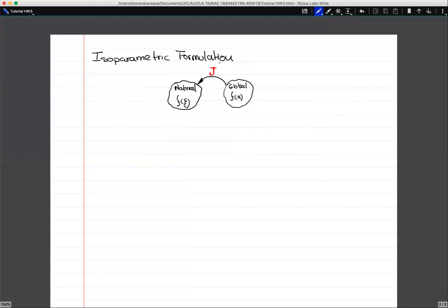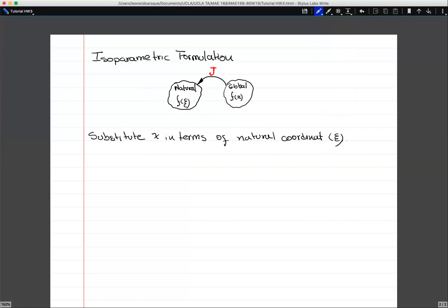All right. Okay. So this graphical representation means that we need to substitute x in terms of the natural coordinate psi. That's pretty much what we need to do.